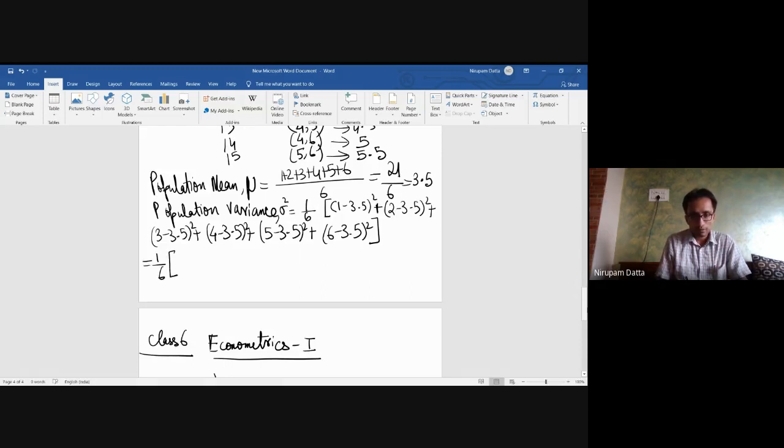Okay. So next we can write this as 1 by 6 times: minus 2.5 square plus minus 1.5 square plus minus 0.5 square plus 0.5 square plus 1.5 square plus 2.5 square.